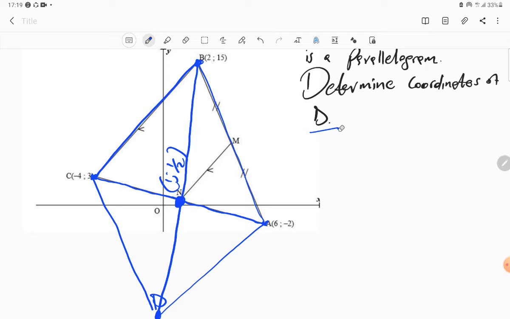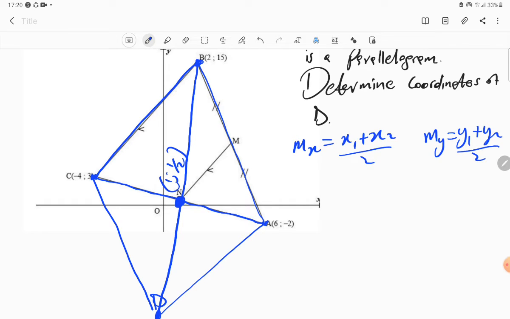How do we use the midpoint theorem here? The x coordinate of the midpoint is x1 plus x2 divided by 2, and the y coordinate of the midpoint is y1 plus y2 divided by 2. I'm breaking down this midpoint formula so that we find what is missing.